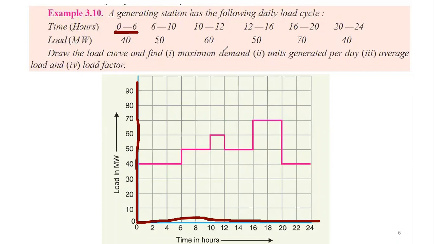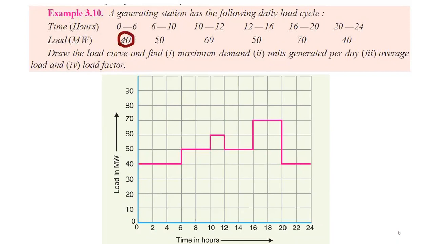At first, 0 to 6, we will try to plot this load curve using the values. From 0 to 6 we have 40 megawatt.